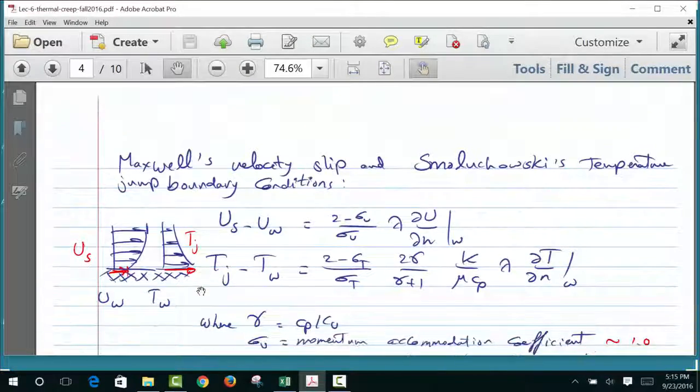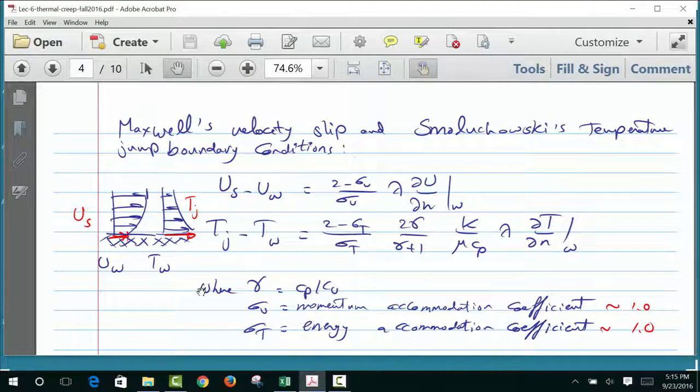And so it's very similar to the velocity. Just like the Maxwell velocity slip, there is actually a temperature jump. So, velocity slip at the wall and temperature jump. When will that happen? When the Knudsen number is large enough to put you in the slip regime. All right?